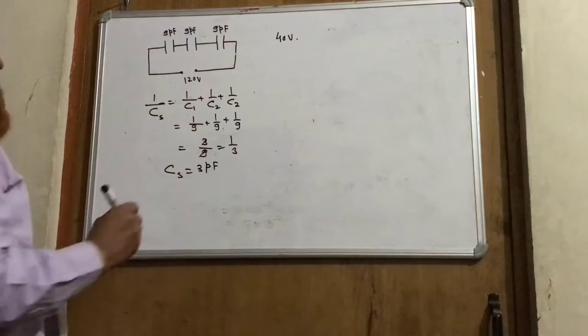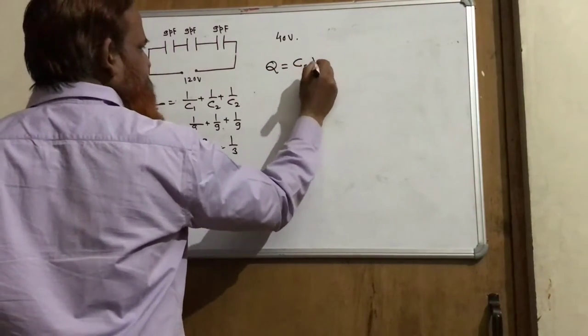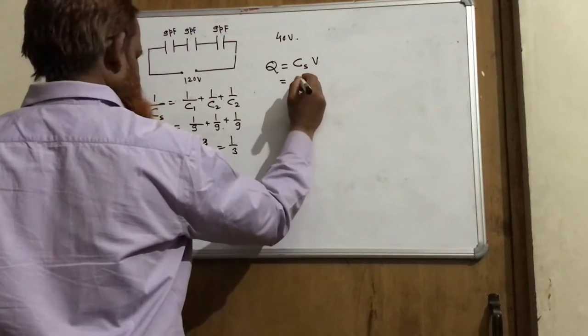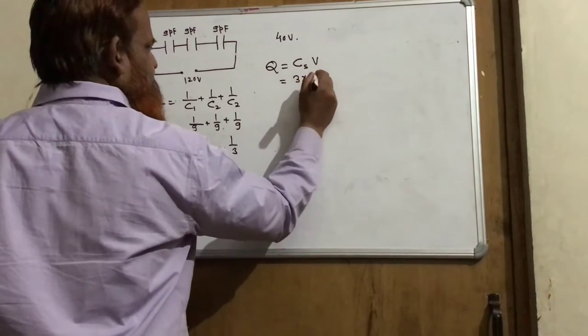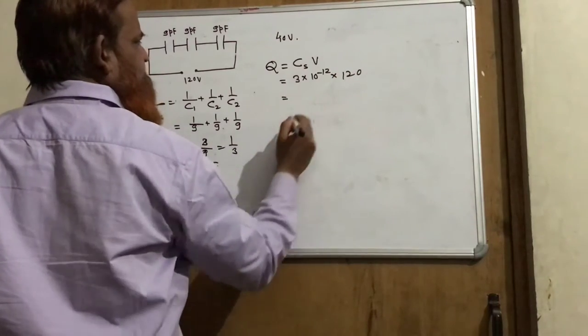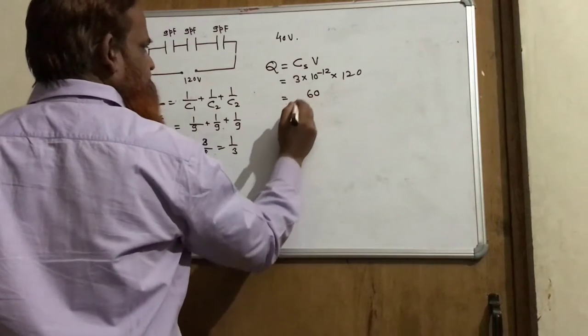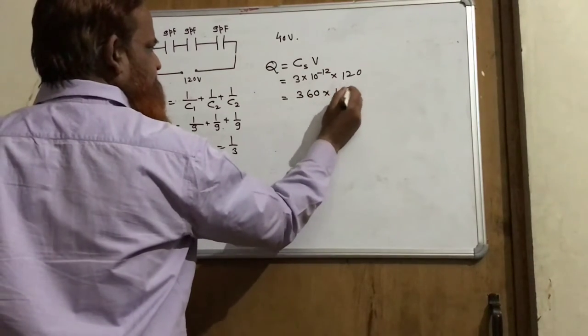Another way we can also find it: first we will find the charge Q equals CS V. CS is 3 picofarad and voltage is 120. So we will get 360 into 10 to the minus 12 coulomb.